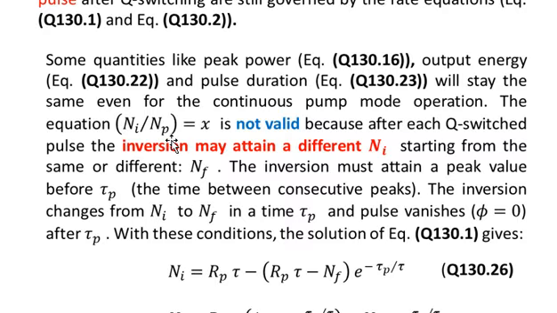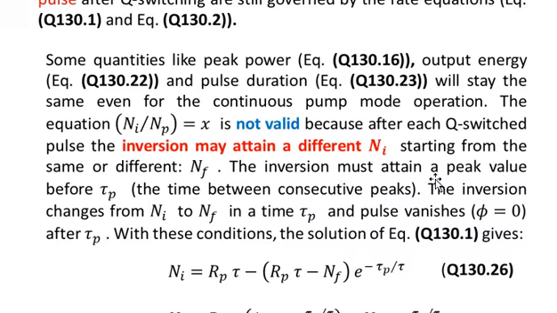The equation Ni over Np is equal to 0 is not valid, however, because after each Q switched pulse, the inversion may attain a different Ni, starting from the same or a different final inversion Nf.